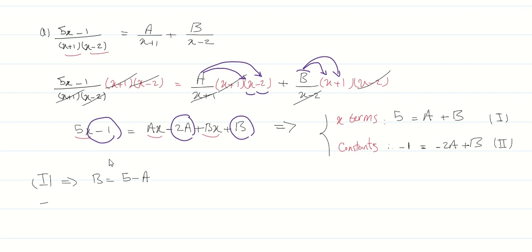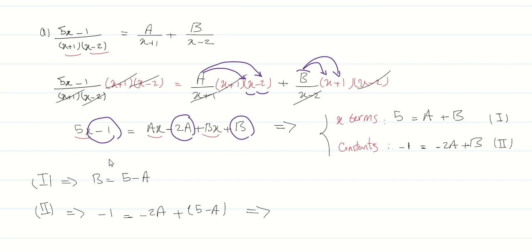In the second equation here, we have negative 1 is equal to minus 2A plus B. But instead of writing B in here, I'm going to write the B value that we got from the first equation. So I'm just going to replace it with 5 minus A.